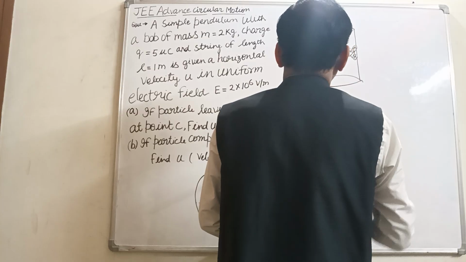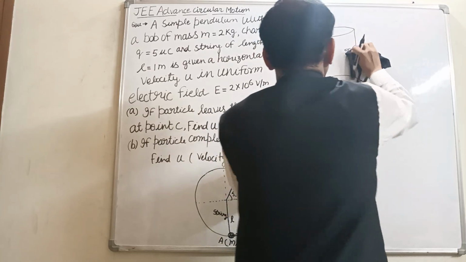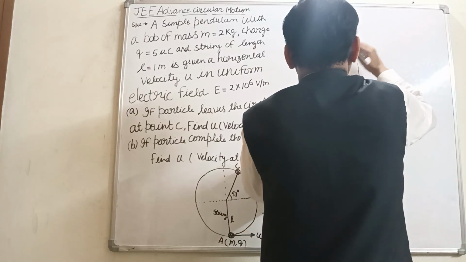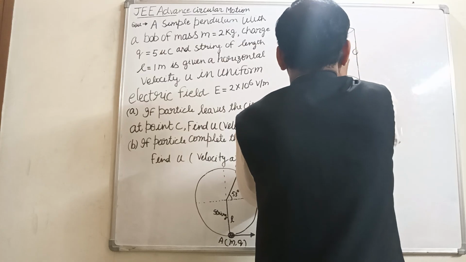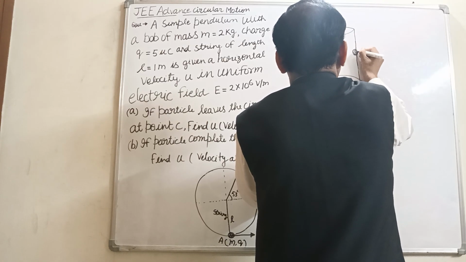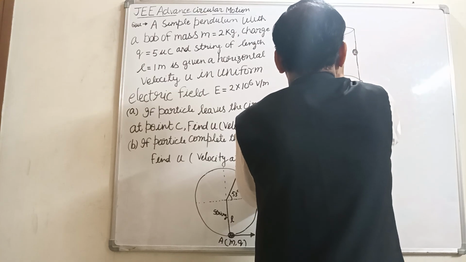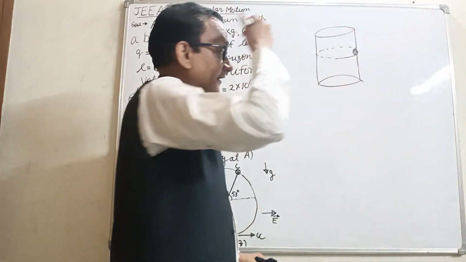This figure is not correct here. Suppose this is a mass, an object, a motorcycle, and it moves in this path. This is a horizontal circle here.